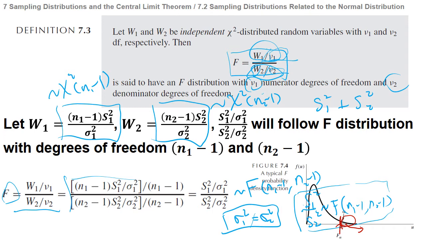That's how we do inference about the variance using the F distribution. We will probably learn this later, next semester.